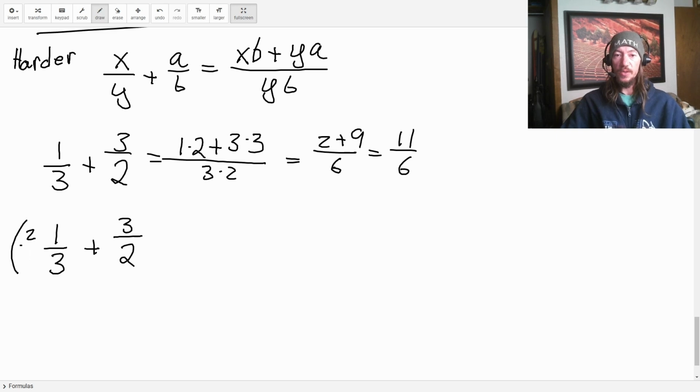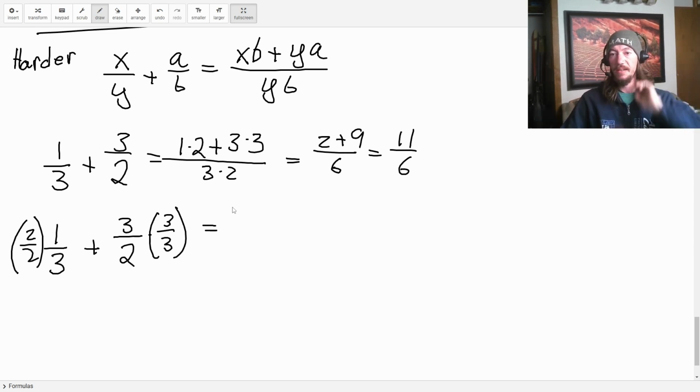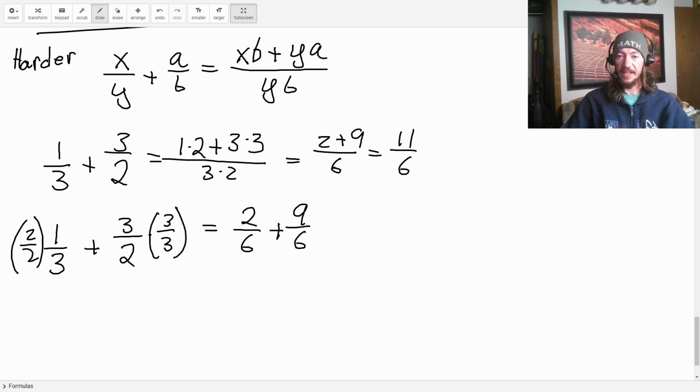So look what happens when I multiply 1/3 by 2 over 2, using the denominator of the second one. And I'm going to multiply 3/2 by 3 over 3, using the denominator of the first one. So by our rules of multiplication, we have now 2 over 6 plus 9 over 6.